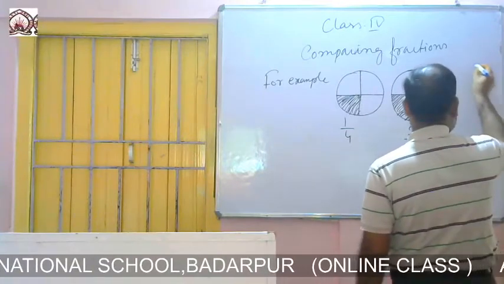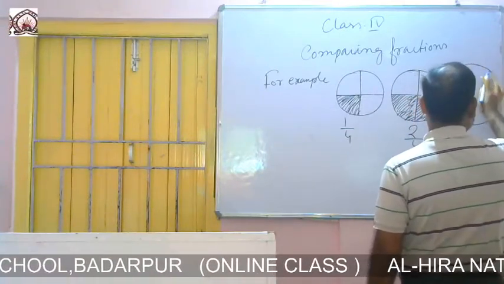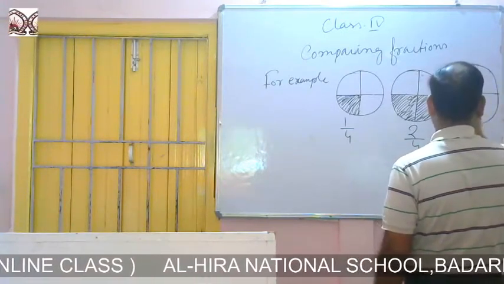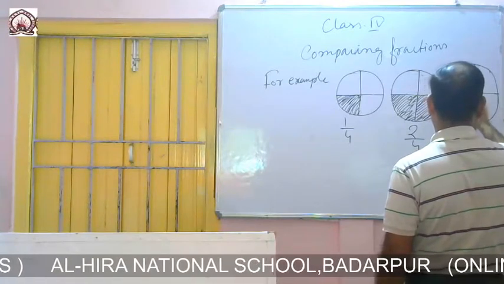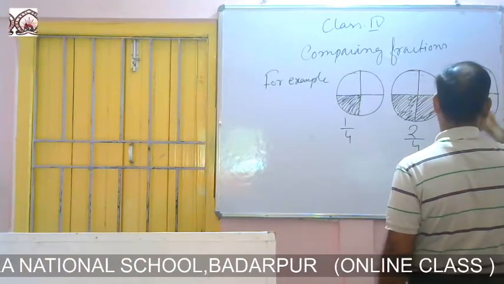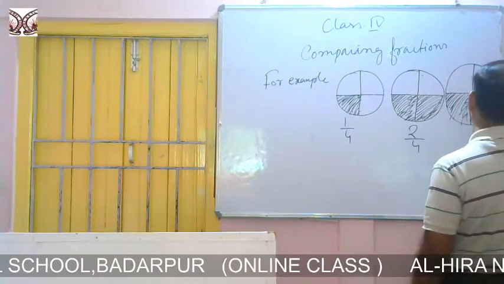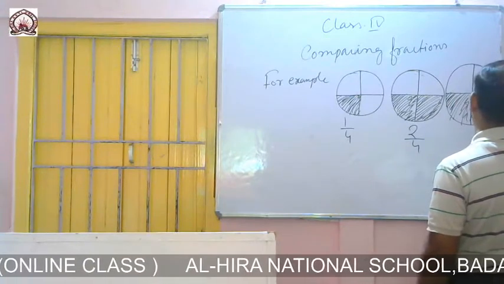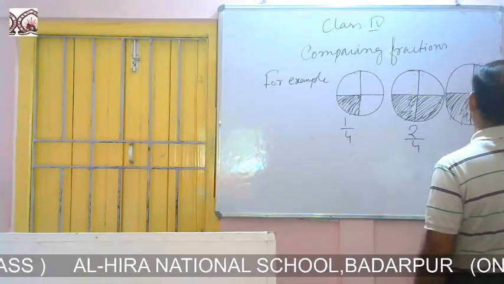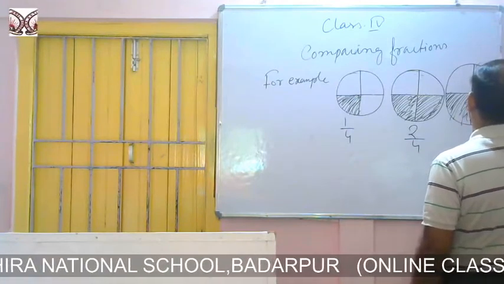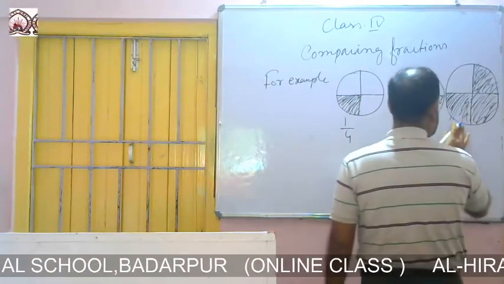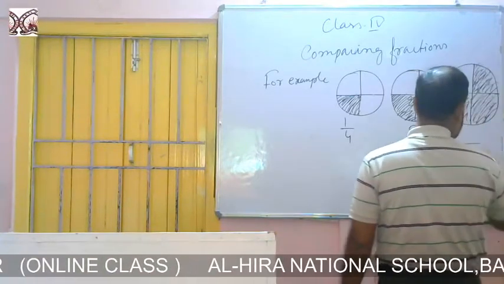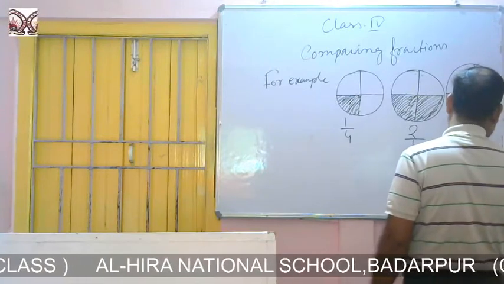If same circle, if we divide into 4 equal parts and if we color three parts, in terms of fraction we can write 3/4.